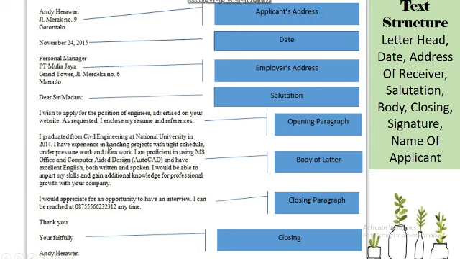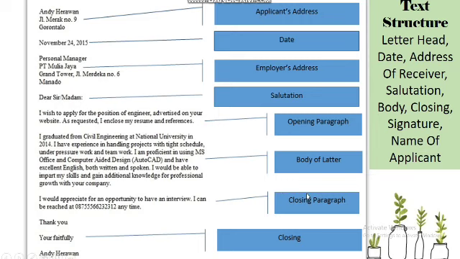I have experience in handling project with a tight schedule, under pressure work and teamwork. I'm proficient in using MS Office and computer aided design or AutoCAD and have excellent English, both written and spoken. I would be able to impart my skill and gain additional knowledge for professional growth with your company. Ini adalah body of letter, memperkenalkan dirinya bahwa dirinya mempunyai kompetensi sebagaimana yang dibutuhkan di perusahaan tersebut.